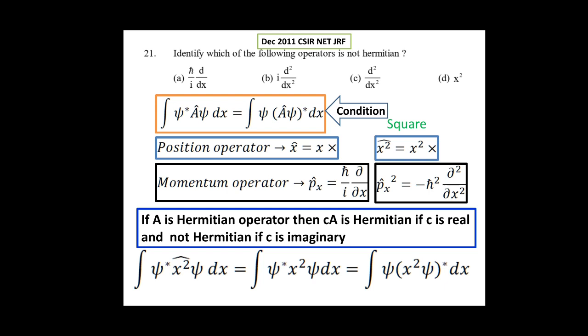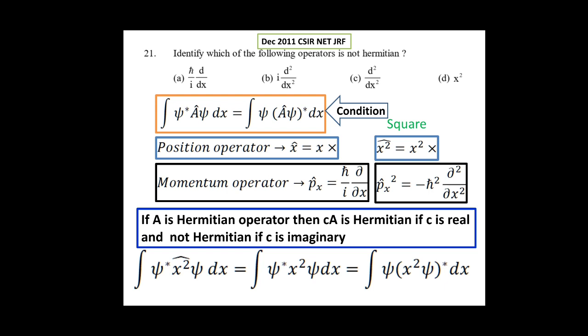The square of the momentum operator is simply some constant times del square by del x square. So you can bring the constant to the left hand side, and you will end up with only del square by del x square.